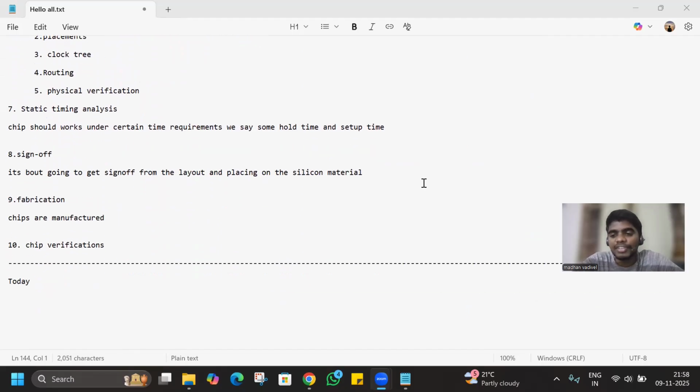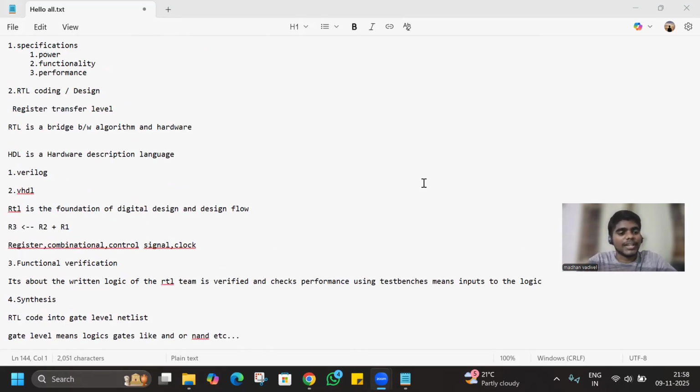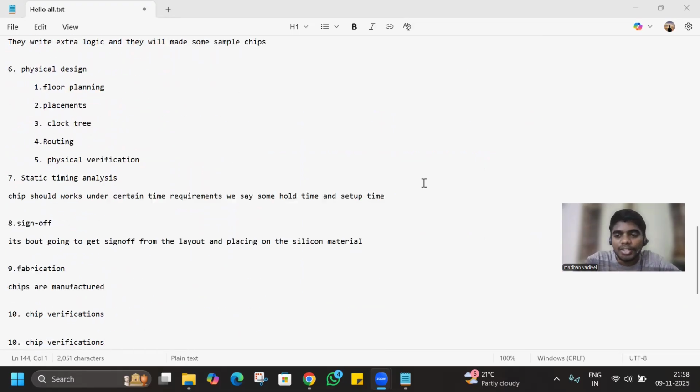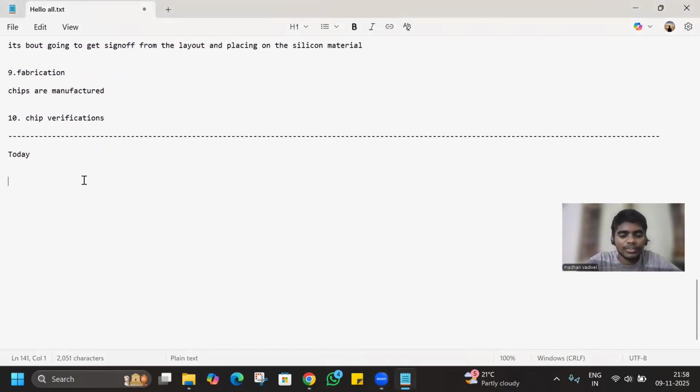Different people do different work in different domains. We have RTL, we have PD, and altogether it is called the VLSI industry.